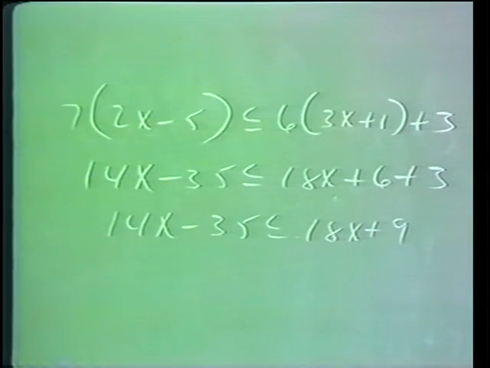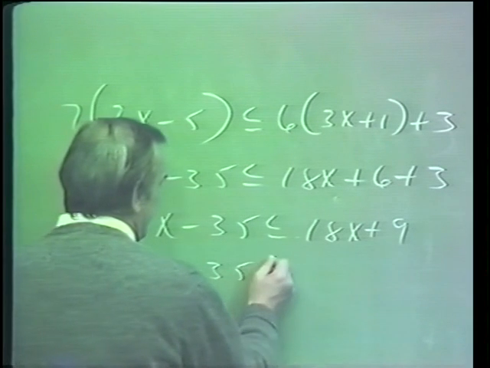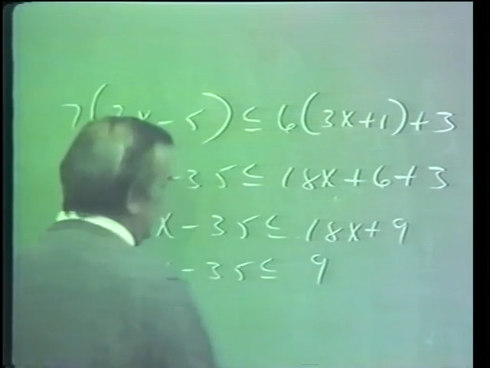And we come out with this. Step 4 says get all the x's on one side. Now remember, as far as our solution goes, it doesn't make a bit of difference which side you bring the x's on. But I found that most students have less trouble graphing, not solving, but graphing the solution set if the x's are on the left side. So I'm going to add a negative 18x to both sides, and I get negative 4x, negative 35 is less than or equal to none.